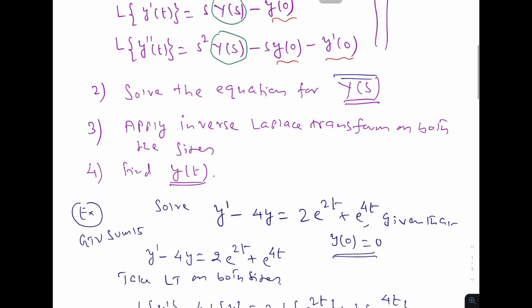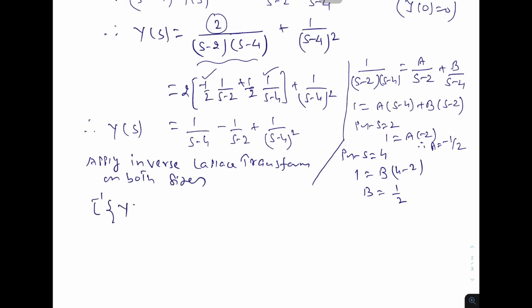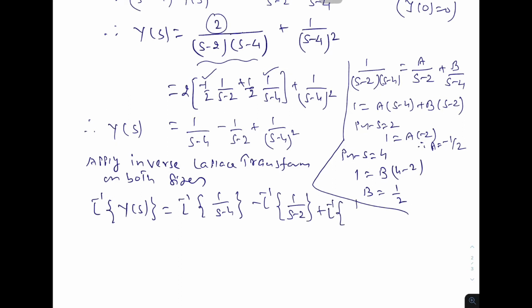Okay, and now apply inverse Laplace transform on both sides. So we get inverse Laplace transform of Y(s) equal to inverse Laplace transform of 1 over s minus 4, minus inverse Laplace transform of 1 over s minus 2, plus inverse Laplace transform of 1 over s minus 4 square.